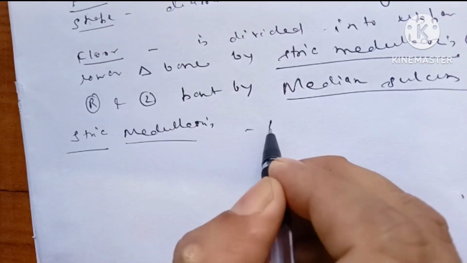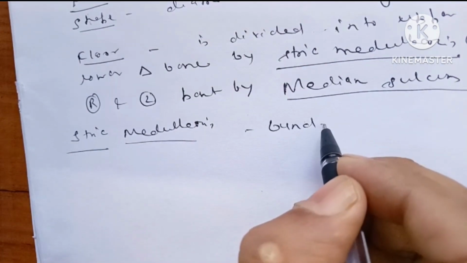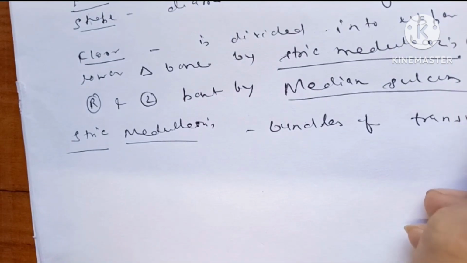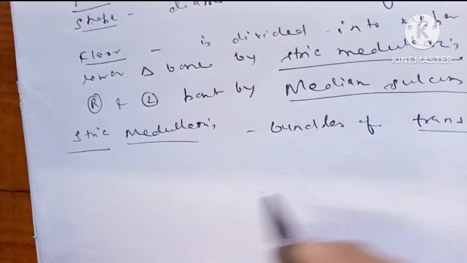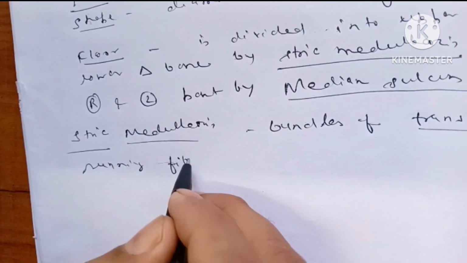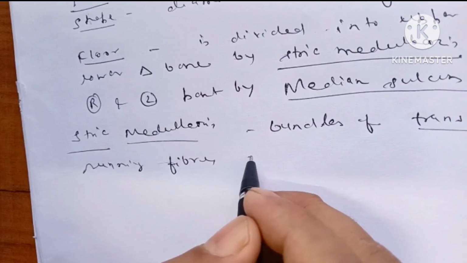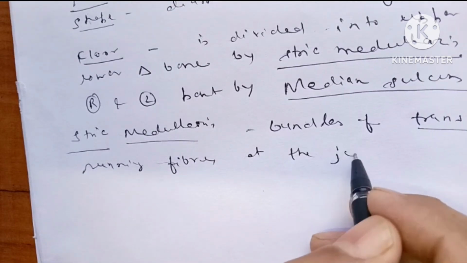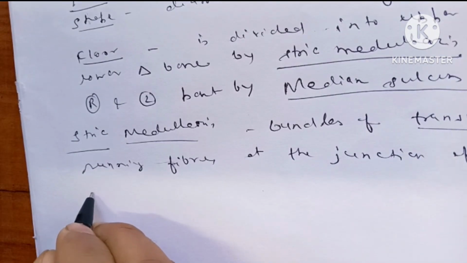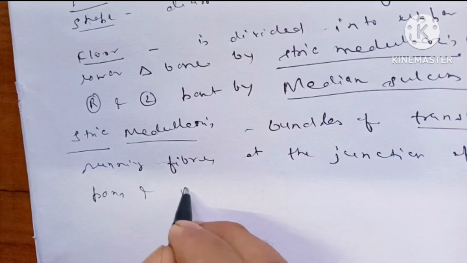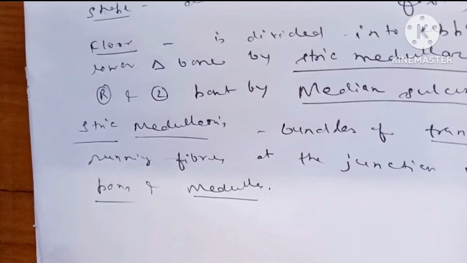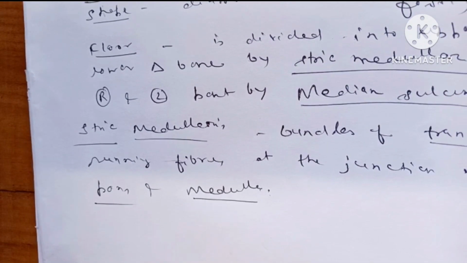We know that the midbrain, pons and medulla form the brain stem.